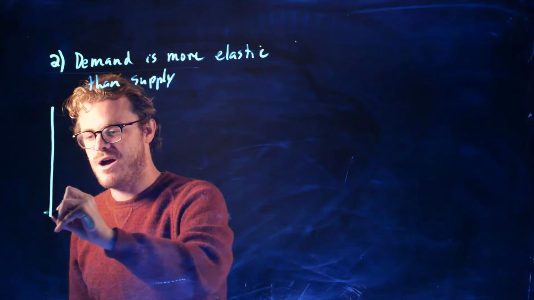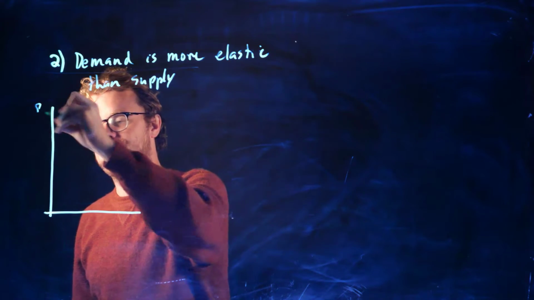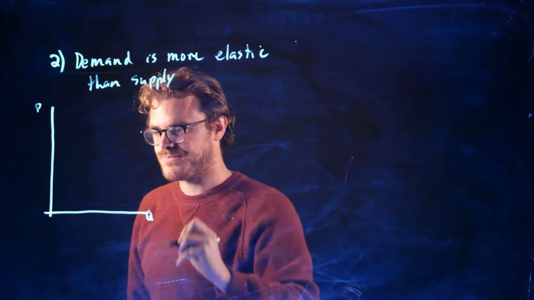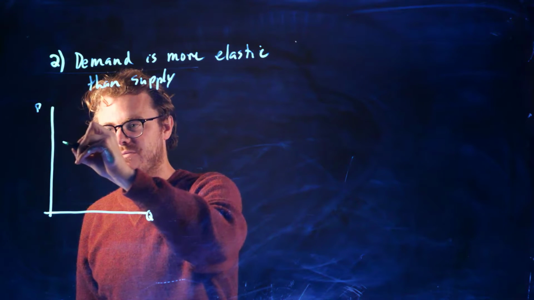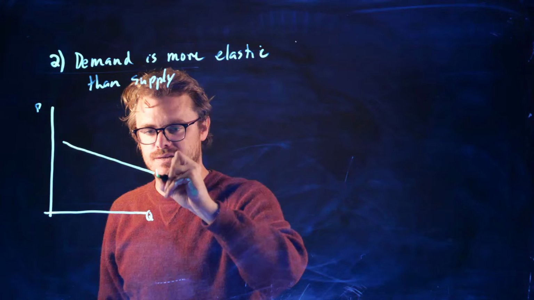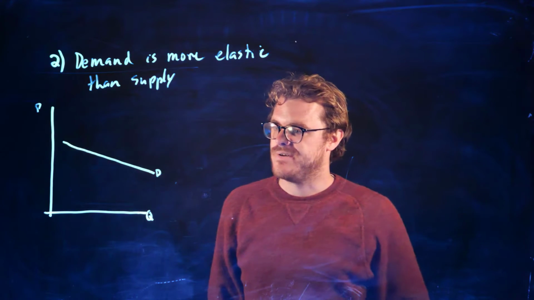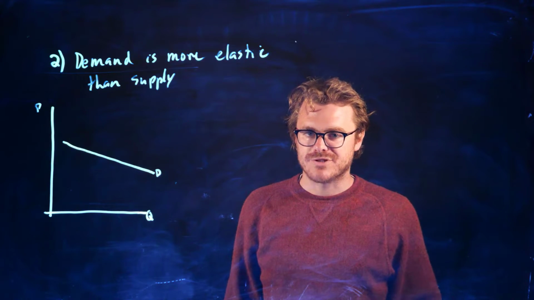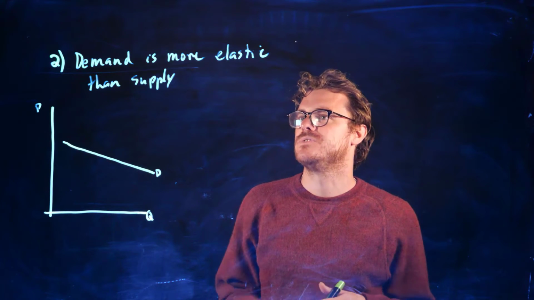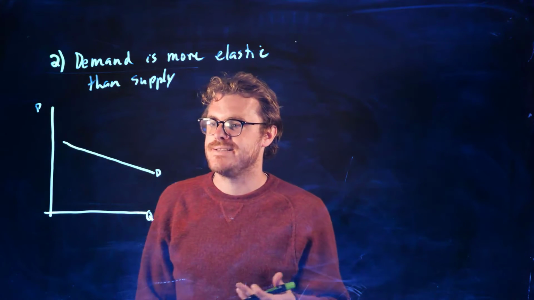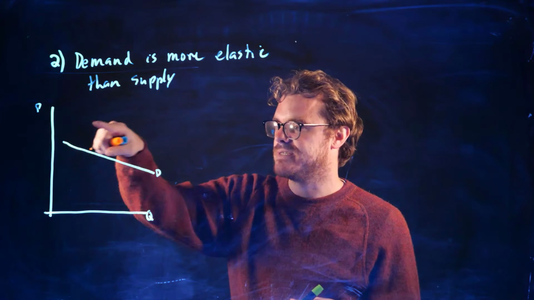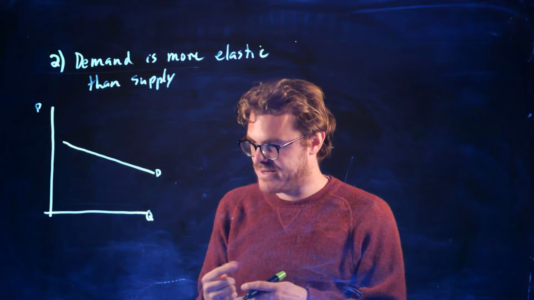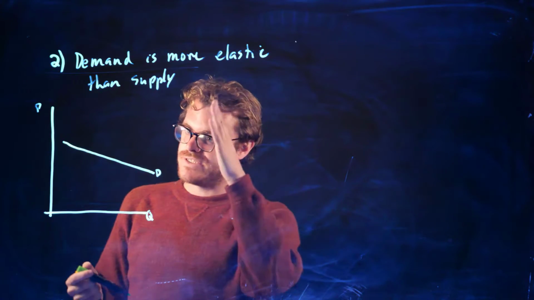So let's draw out our axes, price and quantity. Here demand is more elastic, so we're going to draw a relatively flat demand curve to capture that. These buyers are more sensitive to price, because the demand curve is flat. If they were less sensitive, it would be really steep, right?